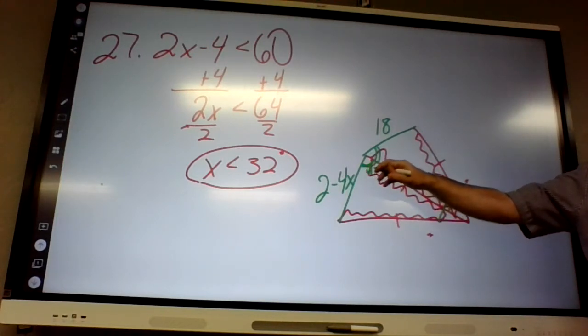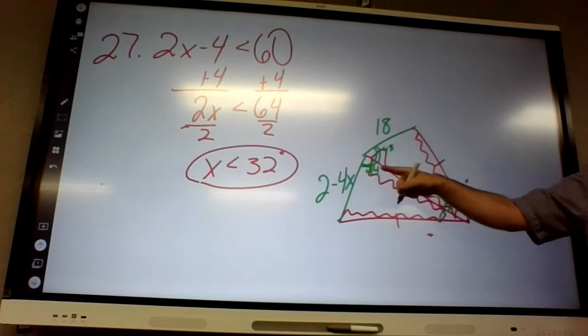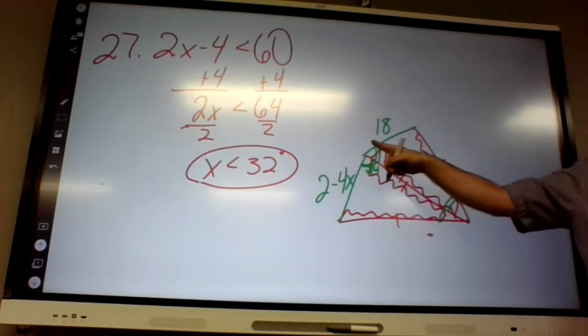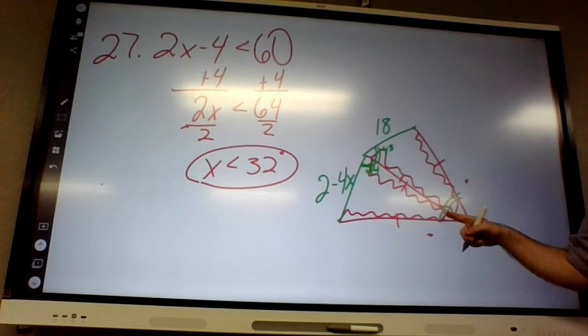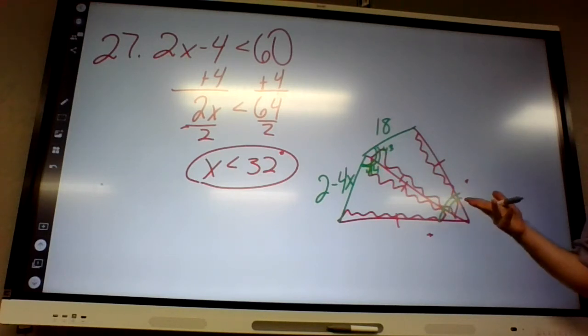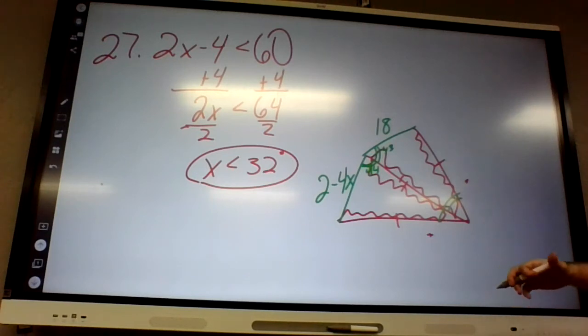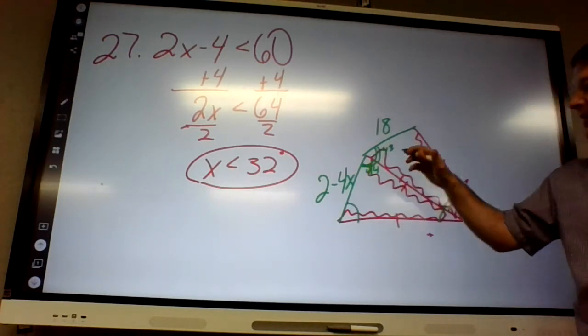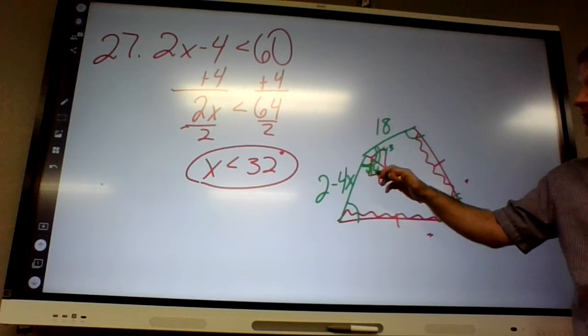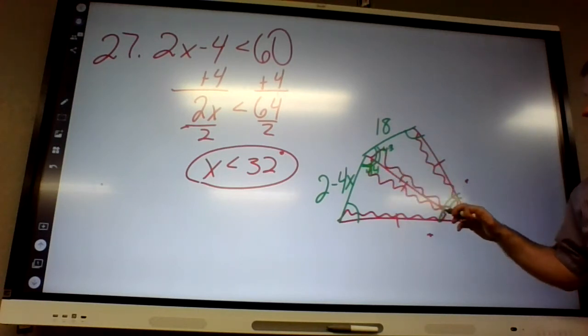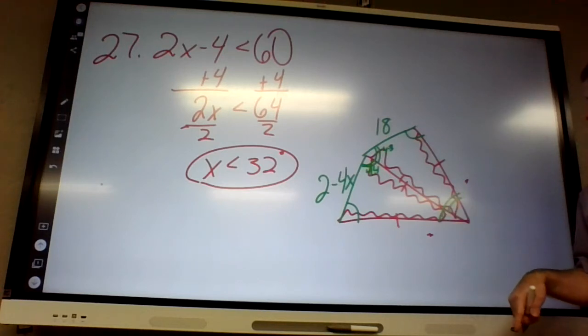If this is 44 and this is 43, this is using more degrees, so that's going to leave less for this one, because they have to add up to 180, right? All triangles' angles have to add up to 180. So if this is tied with this, but this one's a little more than this, that's going to leave a little bit less for this. So this angle is bigger than this angle.